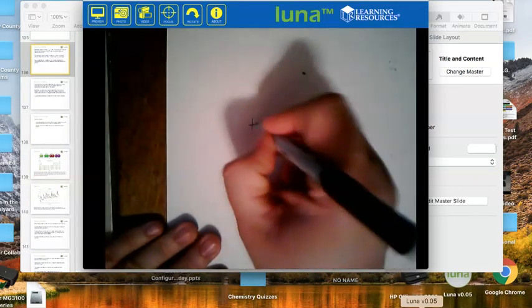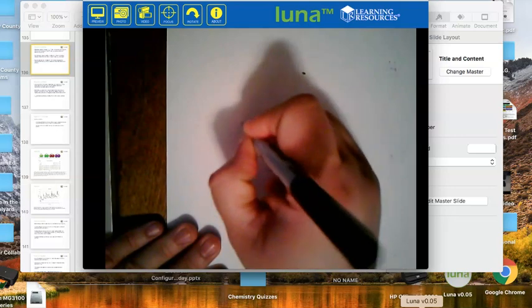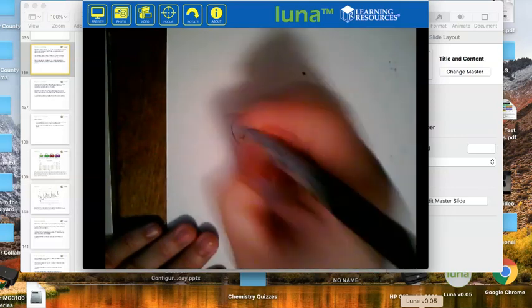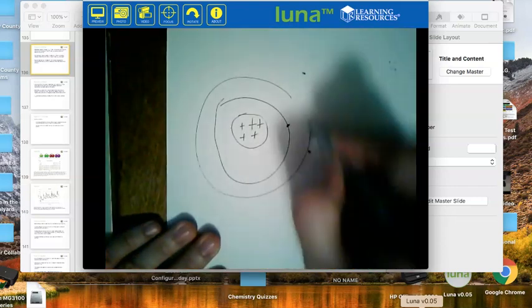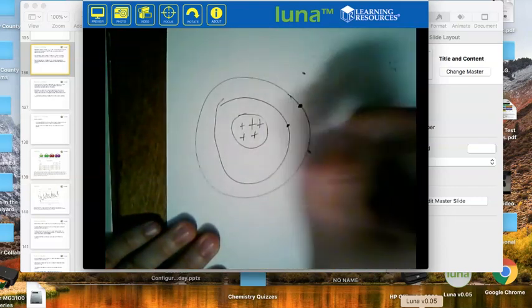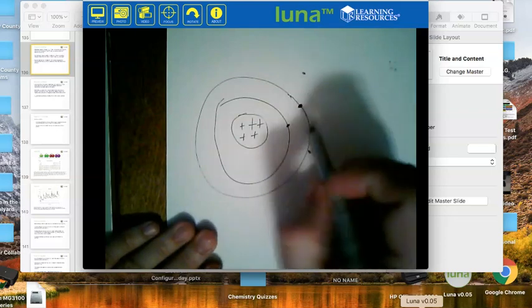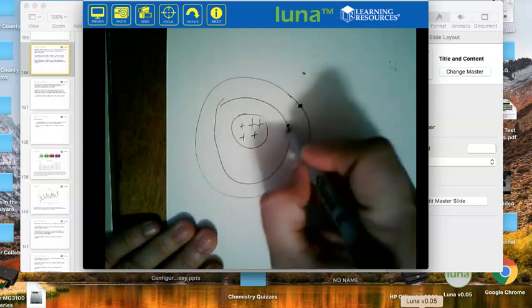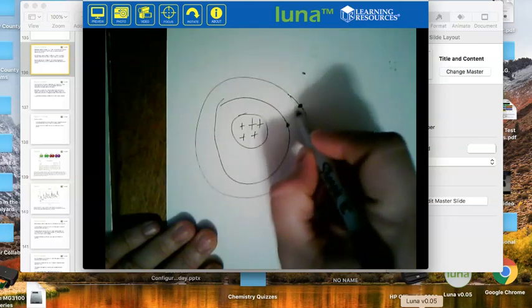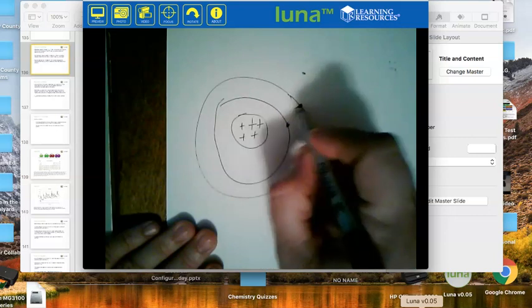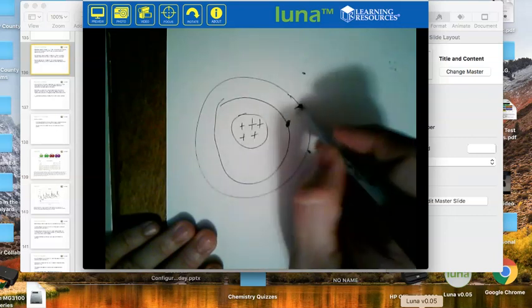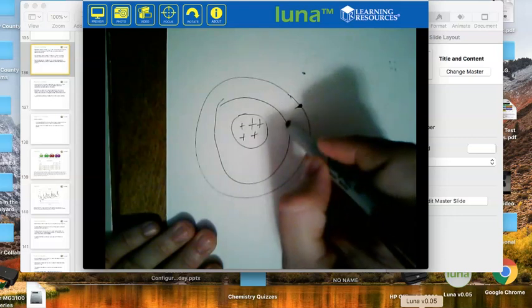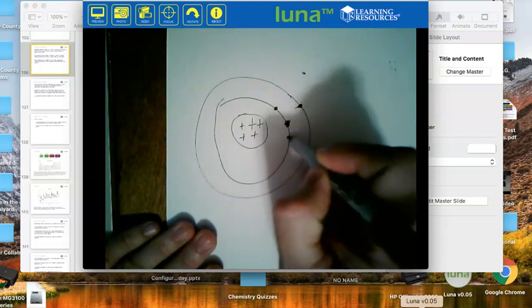Okay, so here I have this big old nucleus that the electrons are attracted to. If I have an electron here, and an electron in a higher energy level here, this guy is shielding, it's kind of getting in the way of this guy here, and so its attraction to the nucleus is going to be affected by electrons that are in front of it.